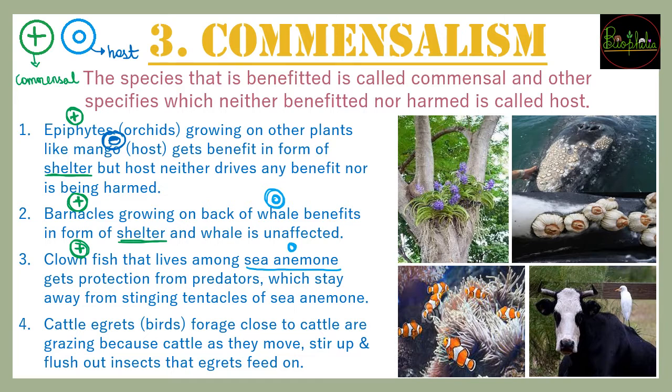But if your exam is asking you sea anemone and clownfish, then it will be an example of Commensalism. So this is going to be a very important question कि आपको confusion हो सकता है that sea anemone with clownfish is commensalism and sea anemone with hermit crab is of Protocooperation.